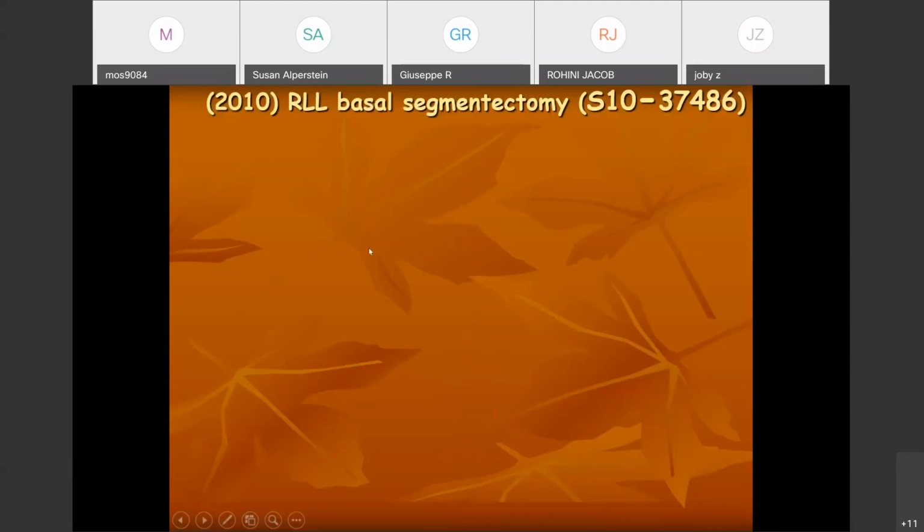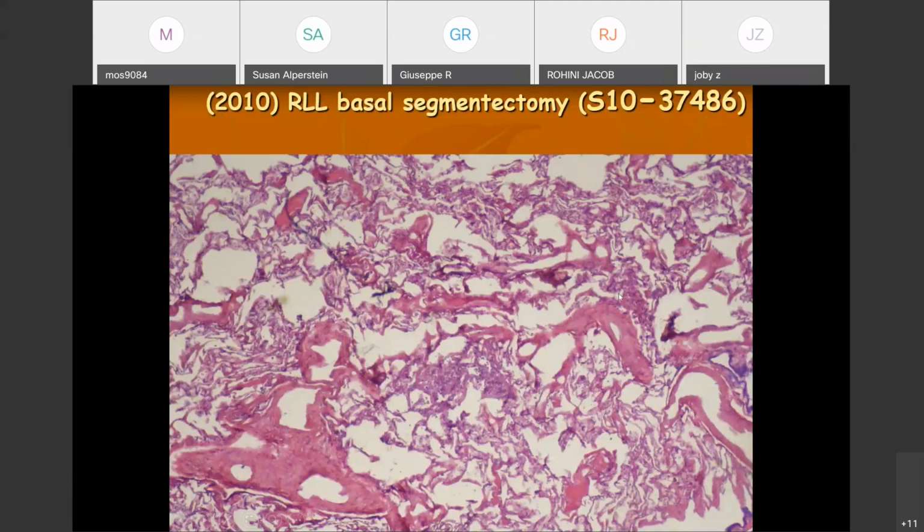However, they did the basal segmentectomy, and there's no lesion, nothing, no malignancy identified. But I truly believe cells don't lie. I think the surgeon took the wrong segment.